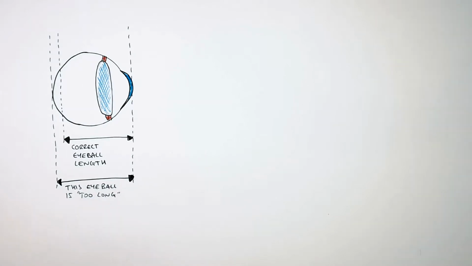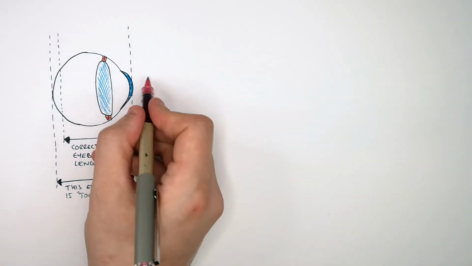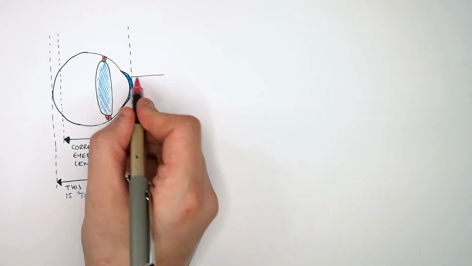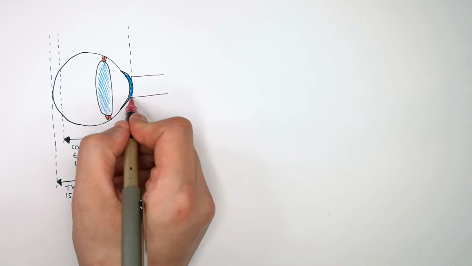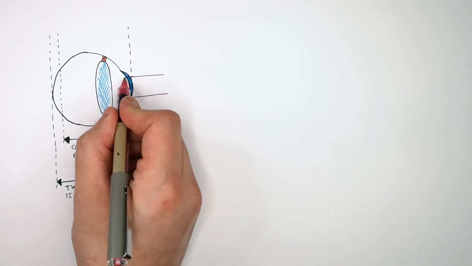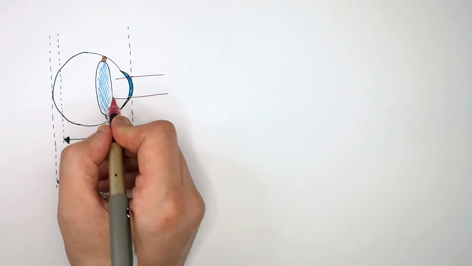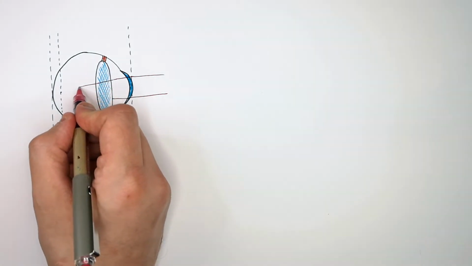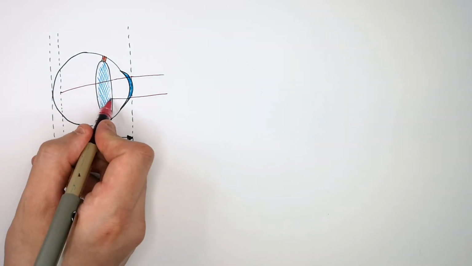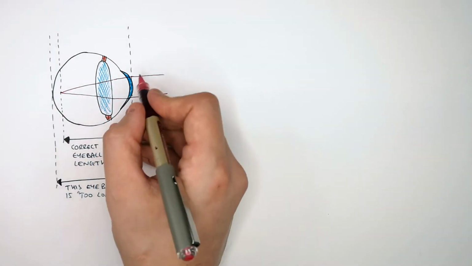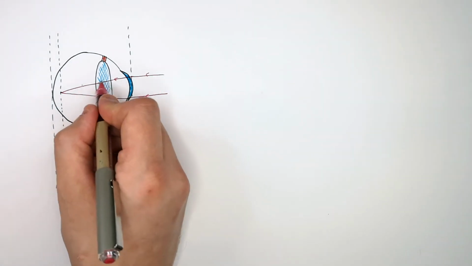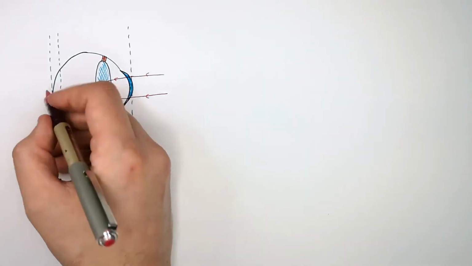This short-sighted person, when they try to look at objects in the distance, won't be able to focus the light onto their retina. So the light is going to enter the eye via the cornea, and the cornea is the correct size and shape, so it's going to refract light as it normally should do. The lens will then focus the light onto what should be the back of the eye.